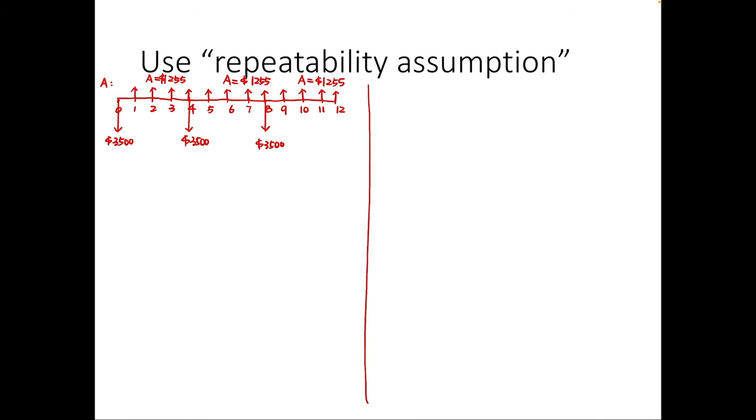Well, this is how you extend this shorter timeline, shorter useful life to the study period using the repeatability assumption, okay? And then now it's option B. The first cycle is 6 years.